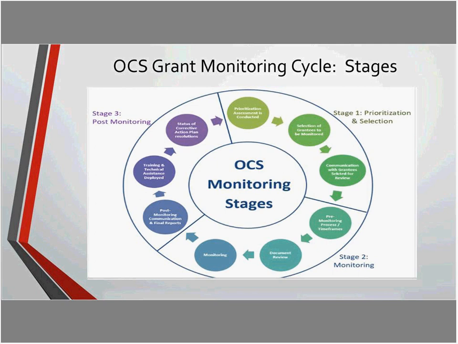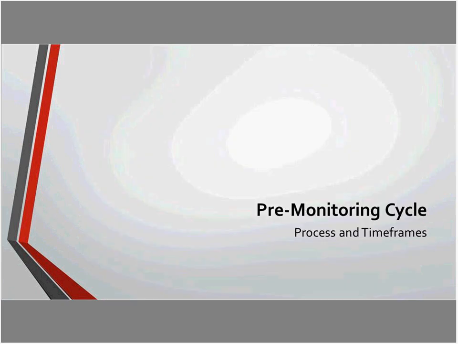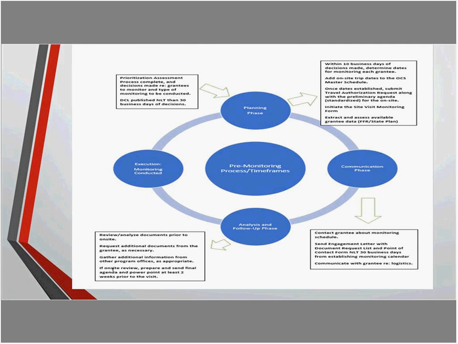Slide. All right, so let's jump into the pre-monitoring cycle on slide 10. A goal for looking at these cycles and trying to systematize this, the slogan behind it, is one OCS. We want grantees to have one look and see that it is OCS, it's not just LIHEAP, it's not CSBG, it's not the discretionary programs, it is one OCS.